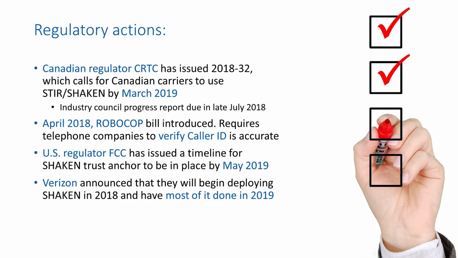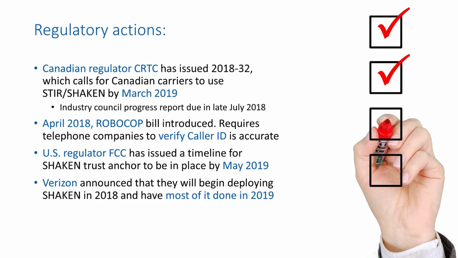And the FCC put together a bill in April called Robocop, which requires that telephone companies deliver verified caller ID. They did not necessarily say how that needed to be done, but they set that as a goal. The FCC also issued a timeline for the SHAKEN trust anchor, and we'll talk about what that is in a moment here.